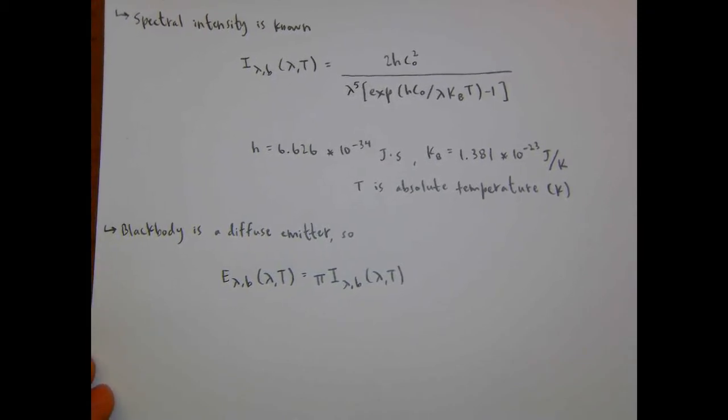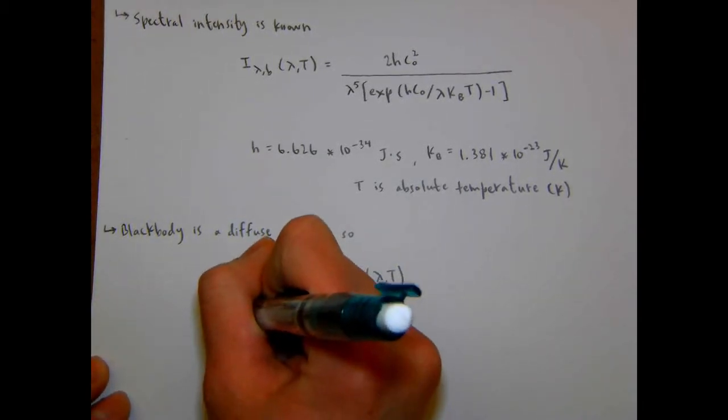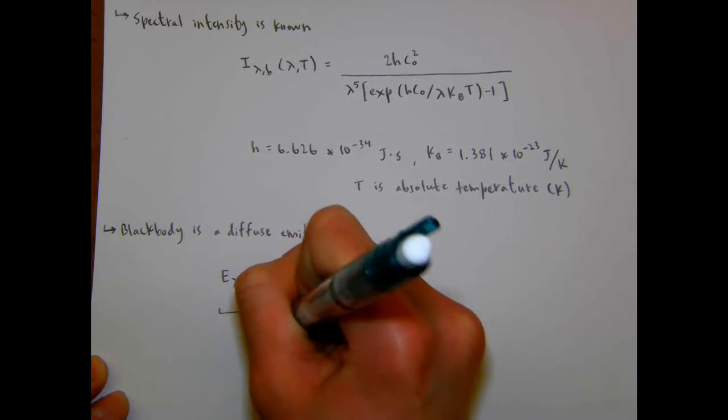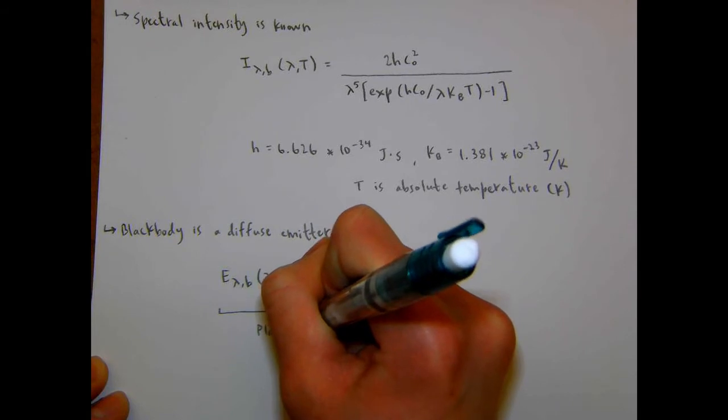So the spectral emissivity is just pi times this expression here. This is known as Planck's law.